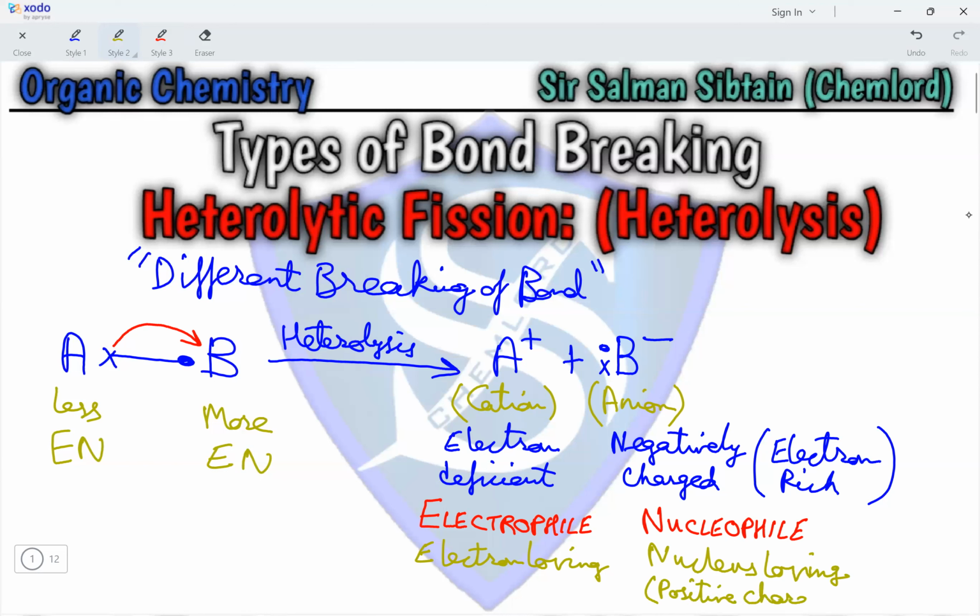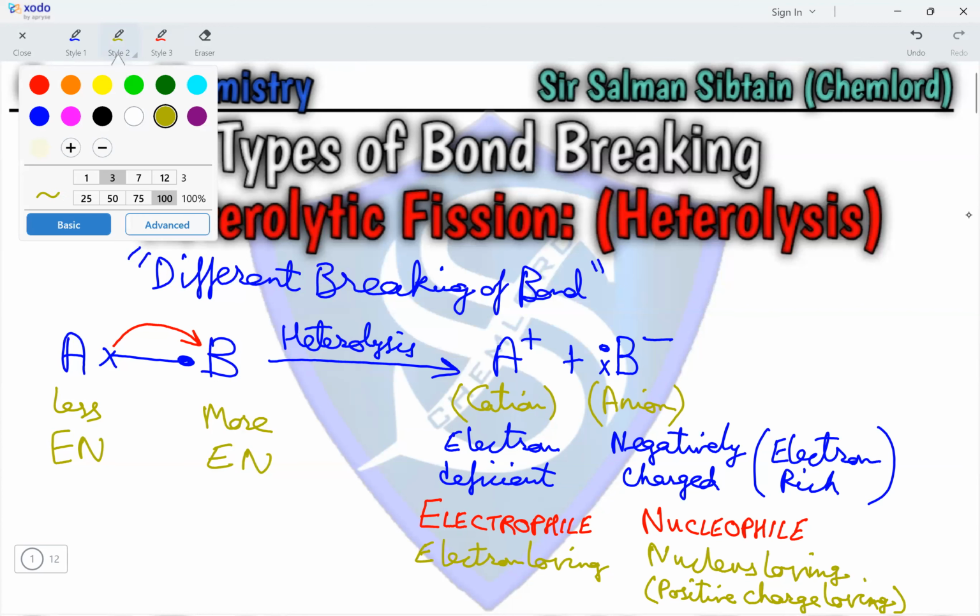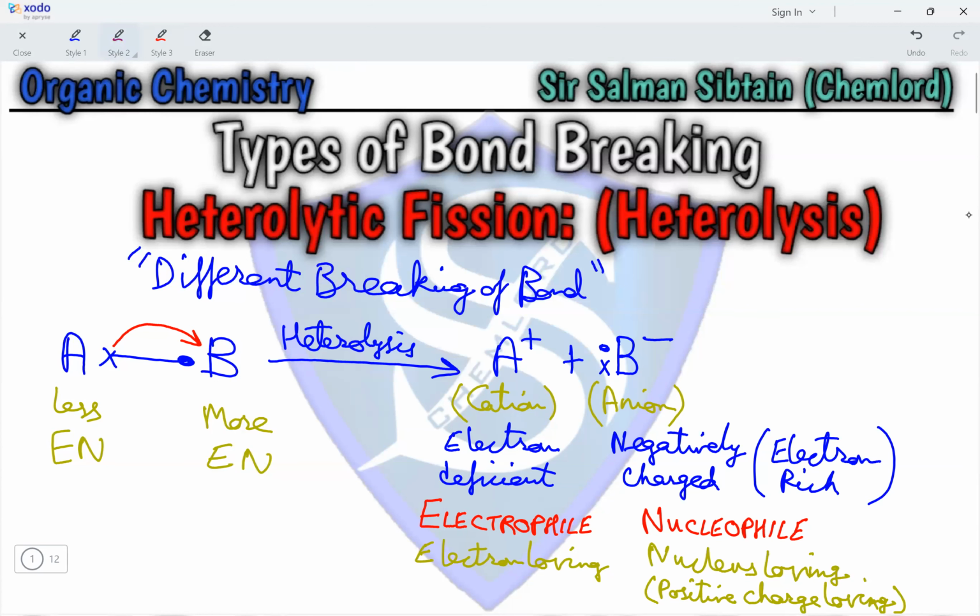Phile stands for loving or affinity towards. So we will not use the term cation or anion in organic chemistry. We will use the terms electrophile and nucleophile to represent a positively charged species and a negatively charged species.